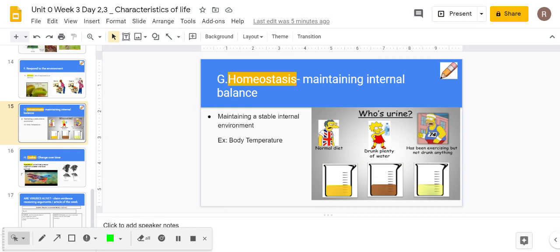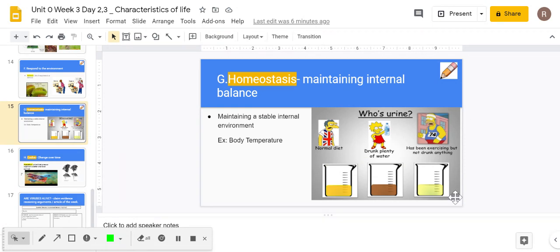So I have this picture on the side, and this is a true thing. If you're looking at your urine and it's a dark brown color, that's extremely, extremely bad for you. That means there's lots of toxins in your urine.